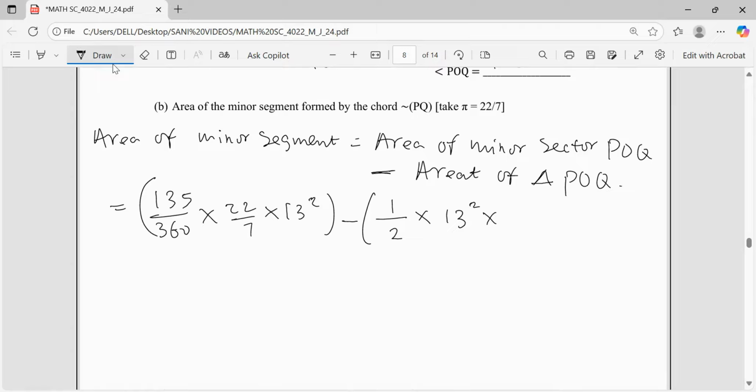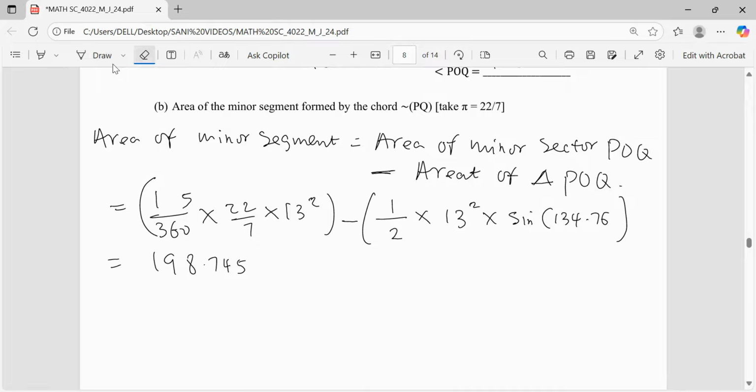Theta represents the angle at the center, that is sine 134.76. When we do this calculation, we have 198.745. For this angle at the center, we can use the pre-approximated value, 134.76.